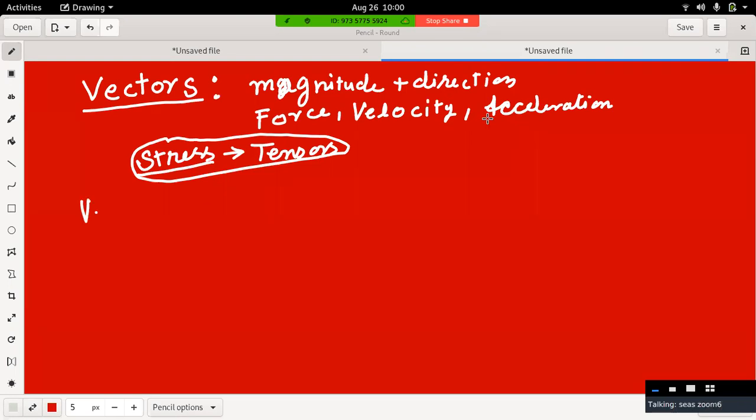So let's discuss some of the vector properties that will further help us.